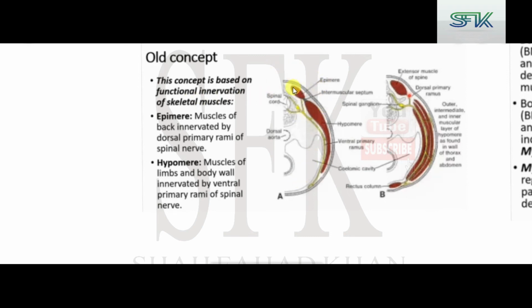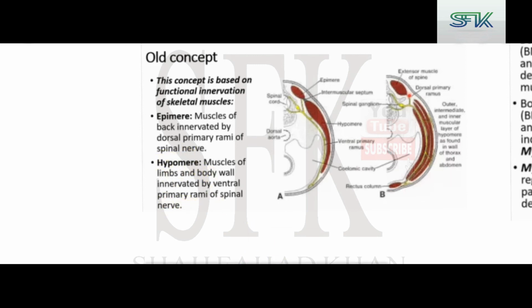Those muscles which are innervated by the dorsal primary rami of the spinal nerve are known as the epimere, whereas muscles of the limbs and the body wall which are innervated by the ventral primary rami are known as the hypomere.